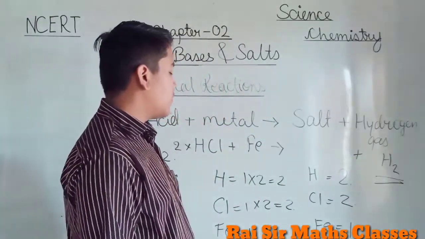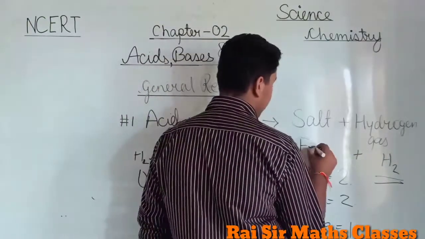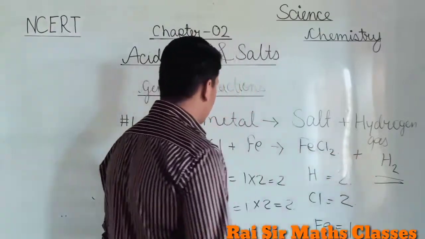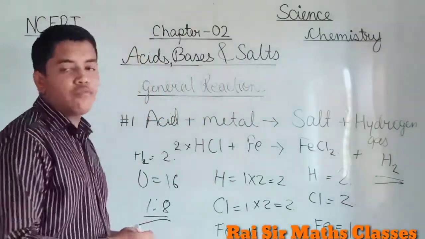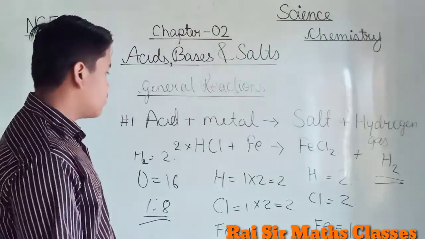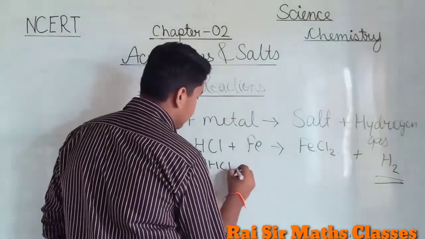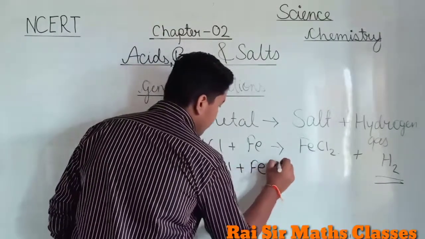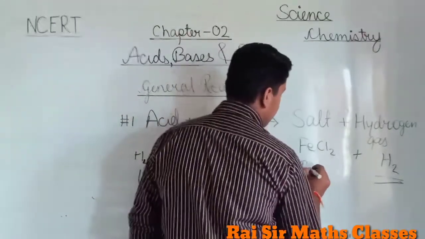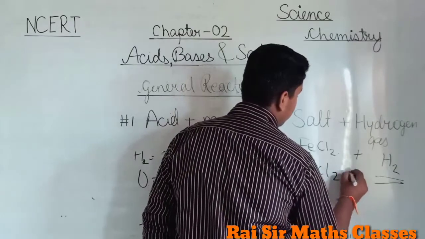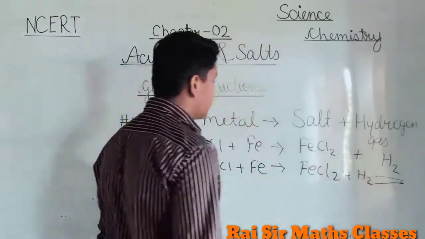So what compound will be formed? Here it is formed like FeCl2, and the balanced chemical equation we can write is 2HCl plus Fe gives FeCl2 plus H2.